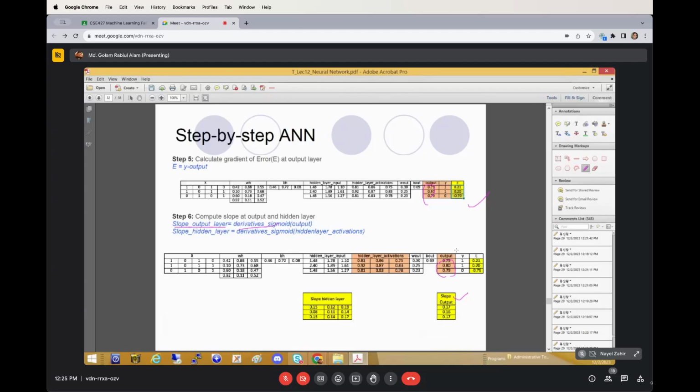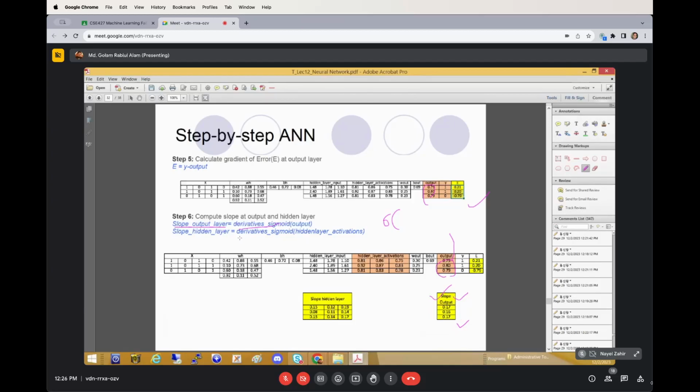It is easy because we already know that this is our sigmoid values, sigmoid of the predicted values. Then to find out the slope, to take the derivative, it is sigmoid of that value times 1 minus sigmoid of that value. So we will get this. Okay, output slope we will get that.